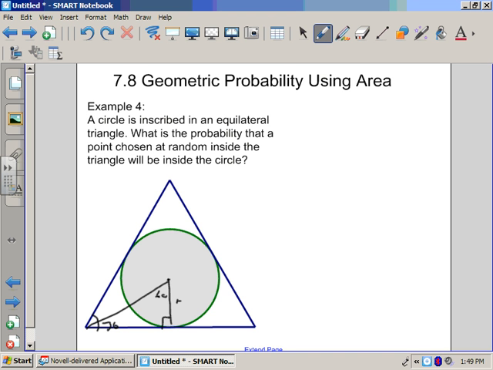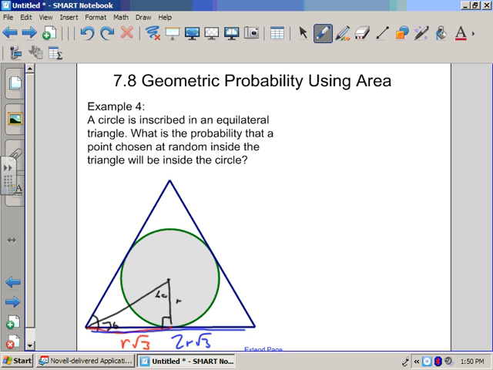Because I have a 30, 60, 90 triangle, I know the short leg is r. That means that the longer leg must be r times the square root of 3. So the length of the entire side must be twice of that. The length of the side of an equilateral triangle, in this case, is 2r times the square root of 3.